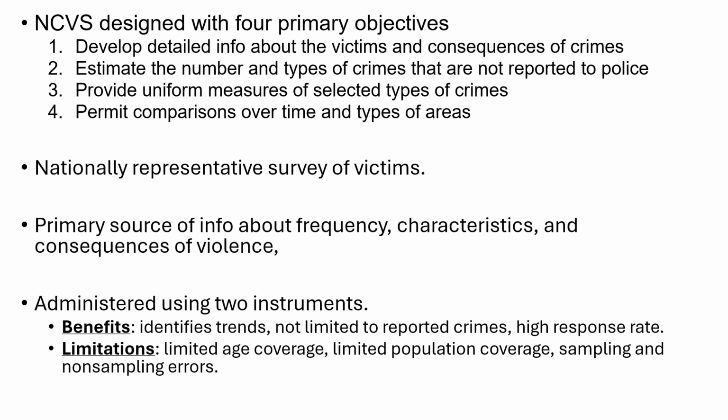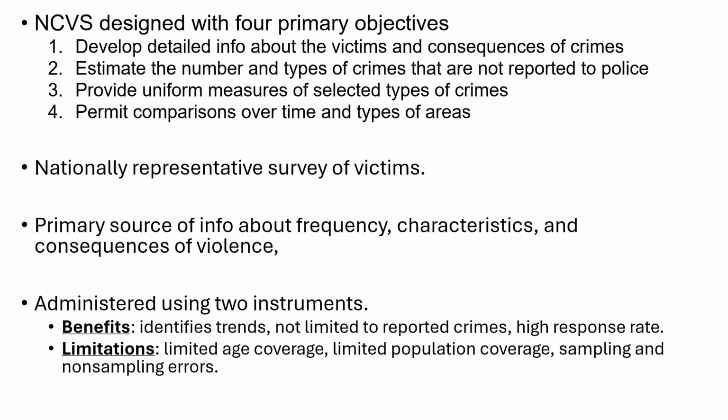So the NCVS really sought to capture those dark figures in our surveying methodologies. Then we wanted to provide uniform measures of selecting types of crimes that we surveyed. And then it permits comparisons over time and types of areas.